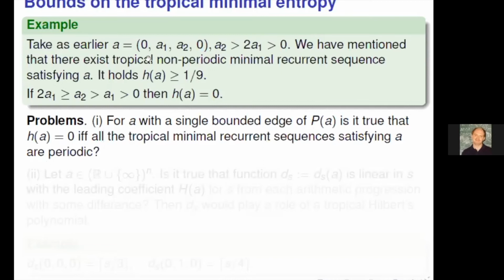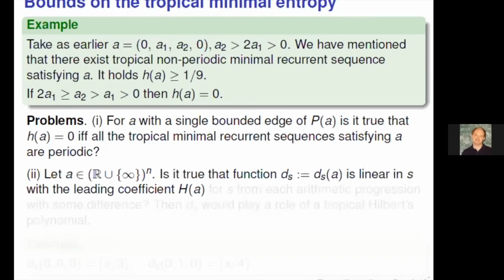In the example, it is indeed the case. In the first example, we had existence of non-periodic sequences and the entropy was positive. In the second case, non-periodic sequences do not exist and the entropy vanishes. The question is whether it is always the case.